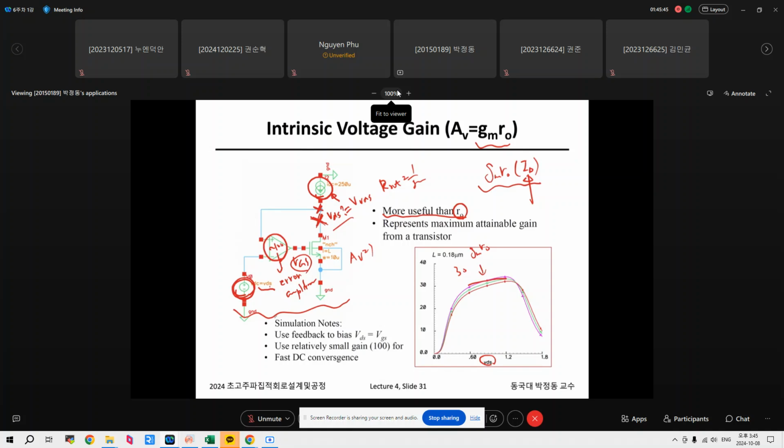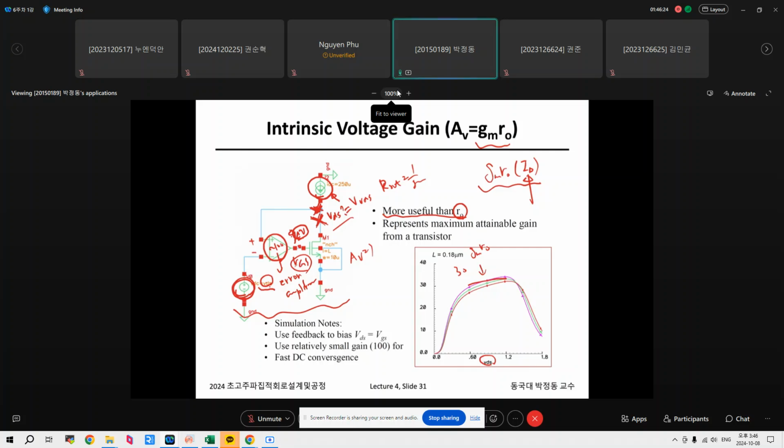Why is that? Because if there exists an error, it provides more current. But the current is fixed, so this automatically tracks this to make this delta voltage not exist.